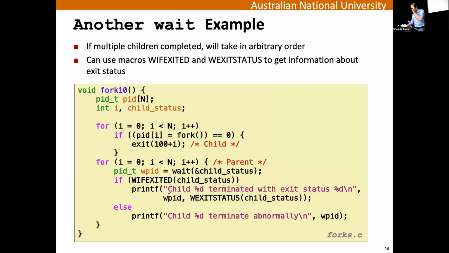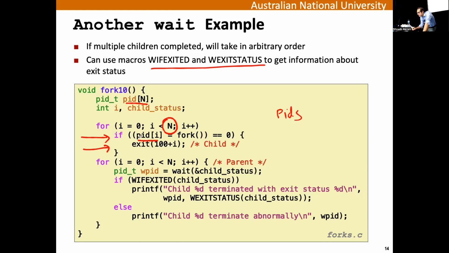All right, here's another example. Here we are using these to get information about the process. We are creating n child processes, and we are storing their process IDs in this array.